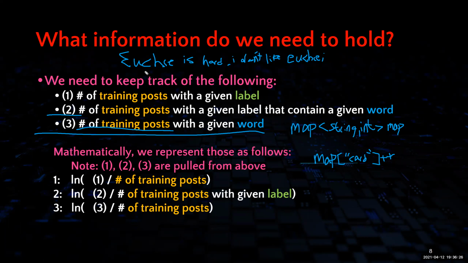Remember what a set does. A set will remove all the repeats and only allow one of each type. We see we have the word euchre here twice. Whenever we add this to a set, we're getting rid of one of these copies of euchre. So whenever you process your data for number of training posts with a given word, you want to make sure you're getting rid of the repeats, or else your data is going to be a bit inflated.